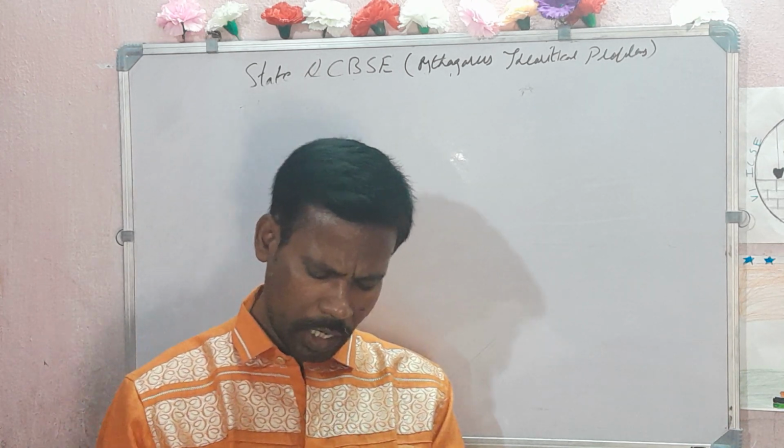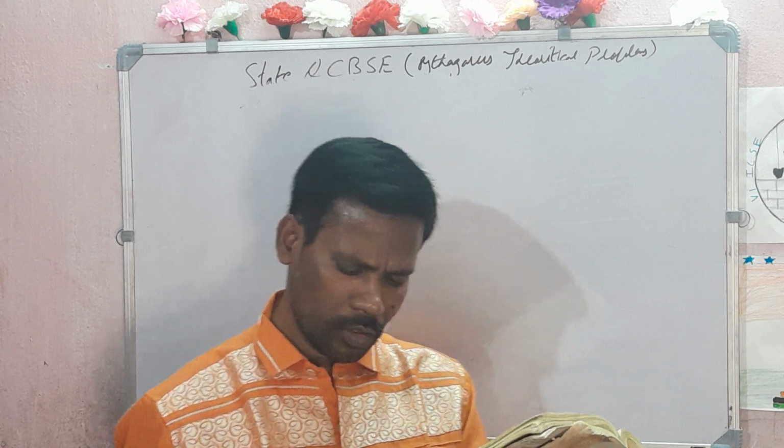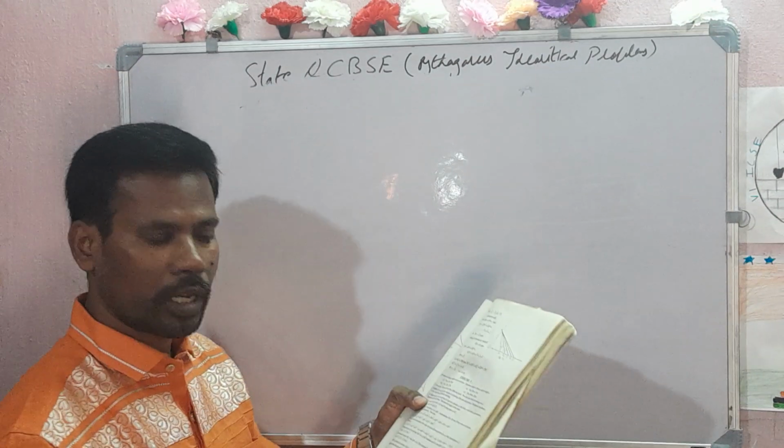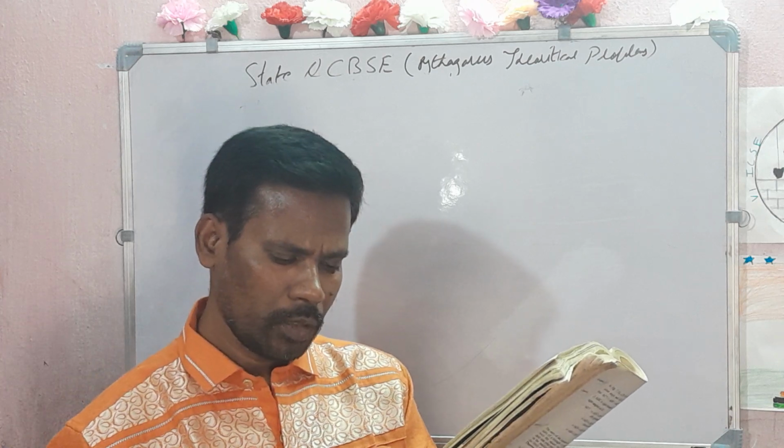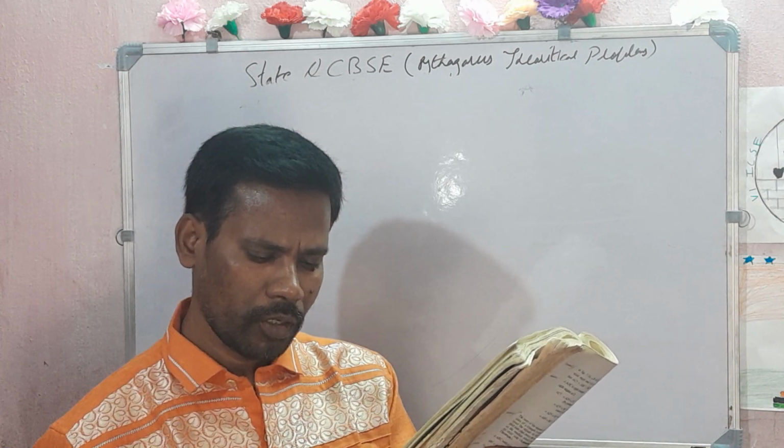In an isosceles triangle ABC, AB is equal to AC, and BD is perpendicular from B to side AC.